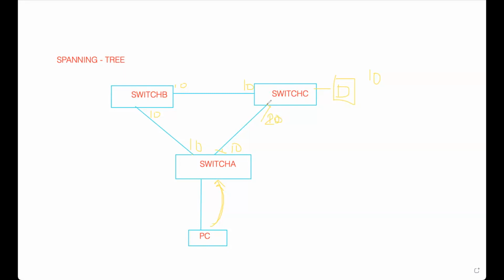If this mismatch causes the link to go down, then what's the point of having this link, right? We want to have this link up and active in case of failures. For example, let's say this link went down. We need a backup path to go to switch C and reach the destination.